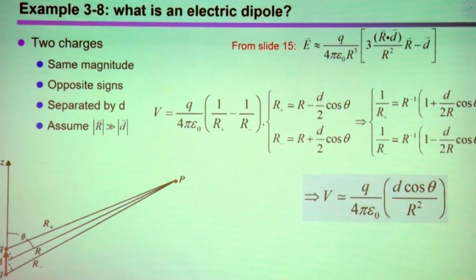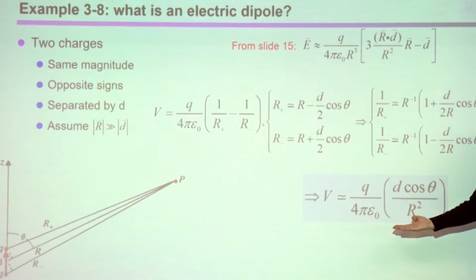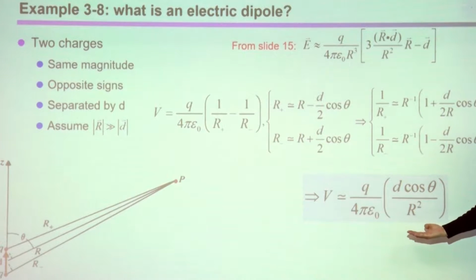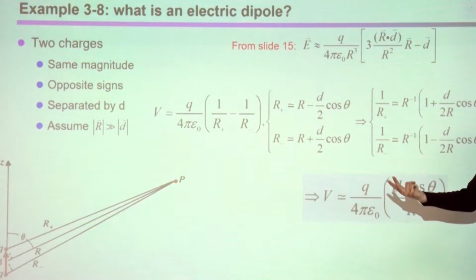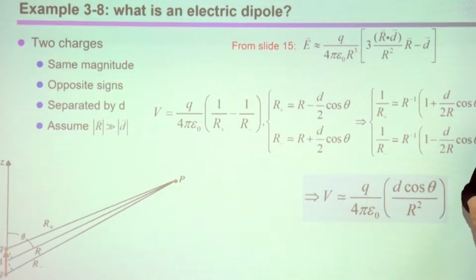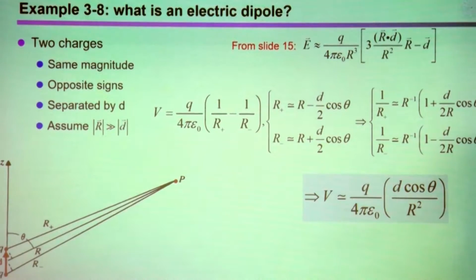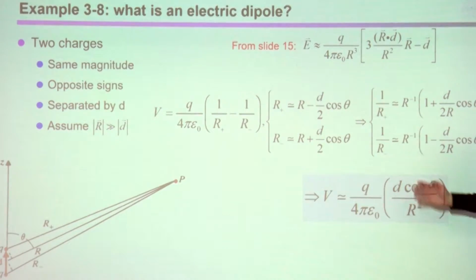But just by doing that, you quickly arrive at the potential as a function of distance due to the presence of these two charges forming an electric dipole. Super quick.